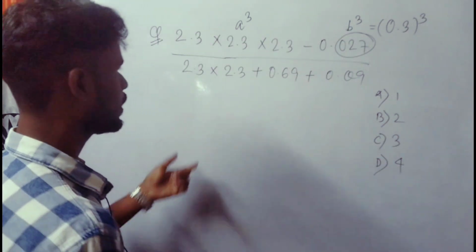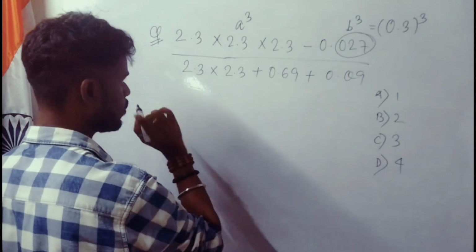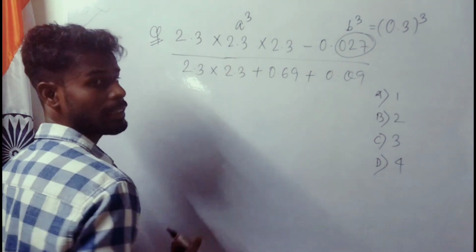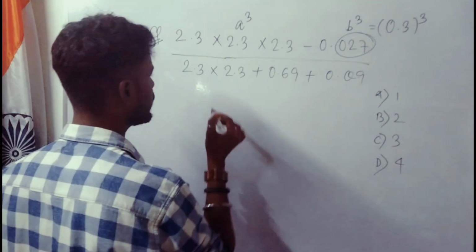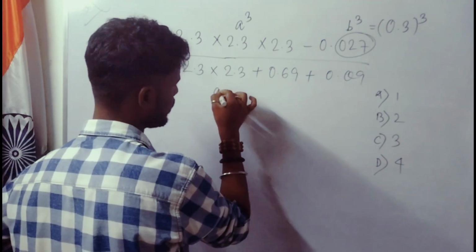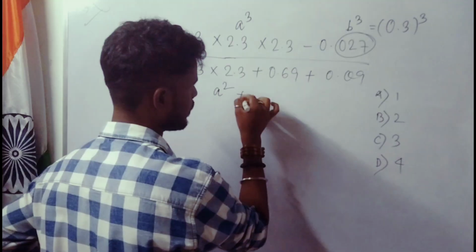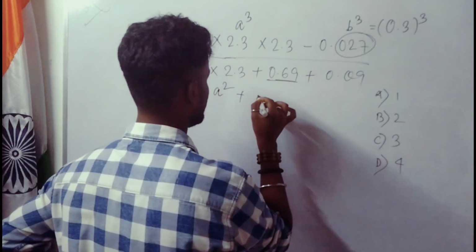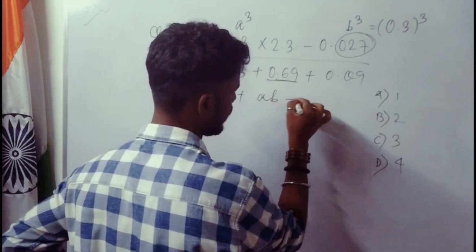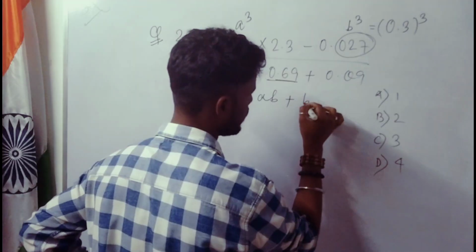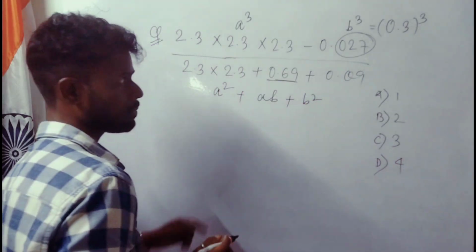In the same way, in the denominator you will find a square, ab, and b square.